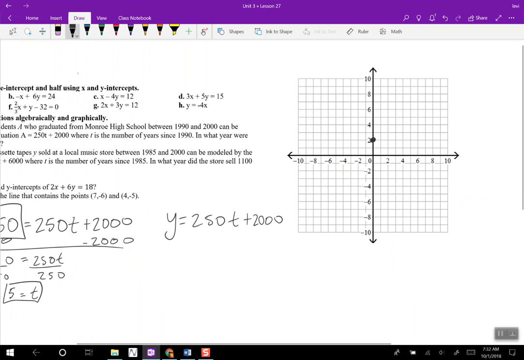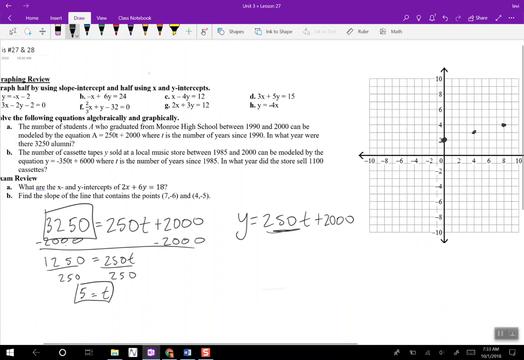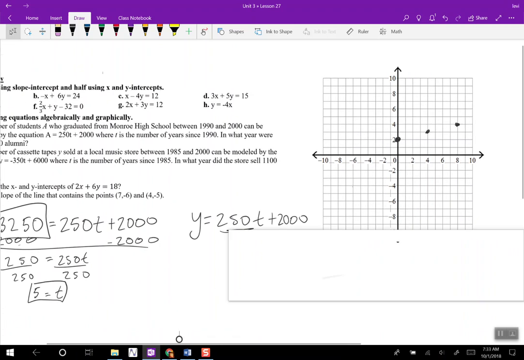If each one of those is 1,000, then 250 is just a quarter of the way to the next number. So up a quarter over 1, which would mean up 1 over 4. Up 1 over 4. Up 1 over 4. So that means we're getting to 4,000 in 8 years. And we just wanted to get to 3,250.